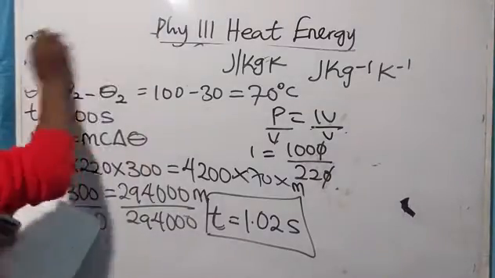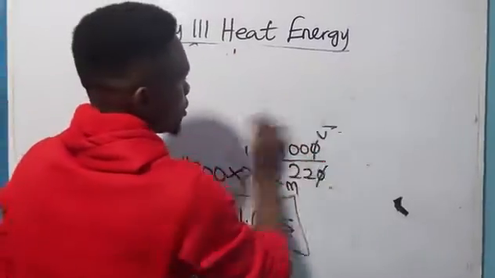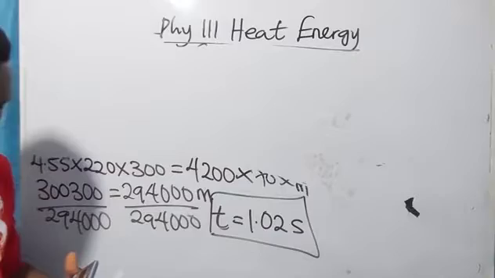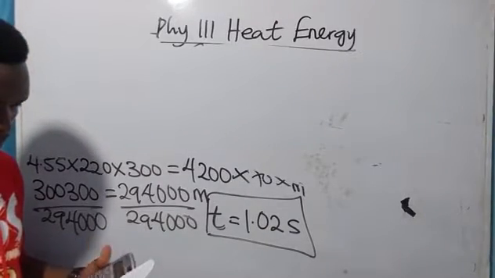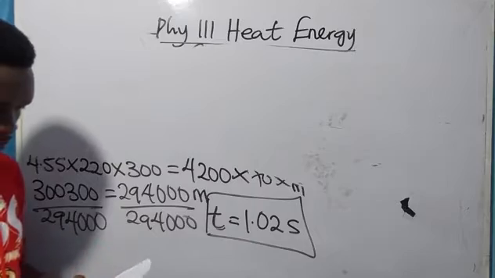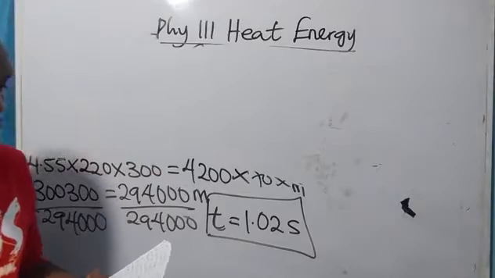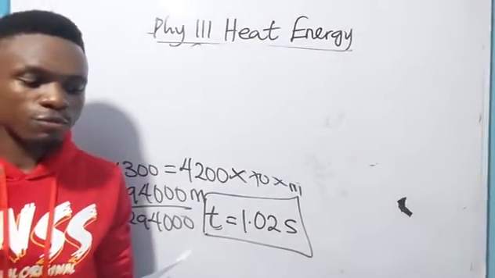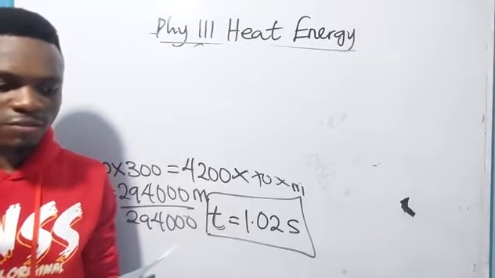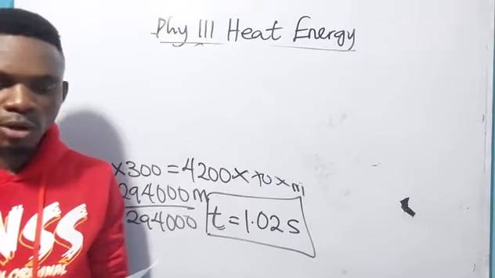Because I want to take the next question that I have here. Now they said, please, you just write it out: a 0.250 kilogram cup at 20 degrees Celsius is filled with 0.250 kilogram of boiling coffee.